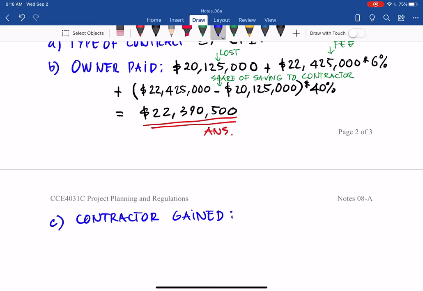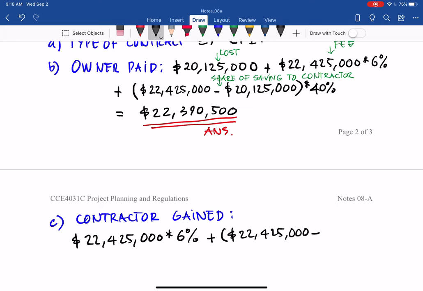So you see what the contractor receives. First, they receive the fee, 22,425,000 times 6%, and then the incentive due to the saving that the owner paid extra: 22,425,000 minus 20,125,000 times 40% of that saving.